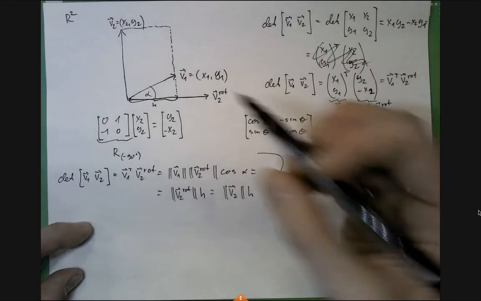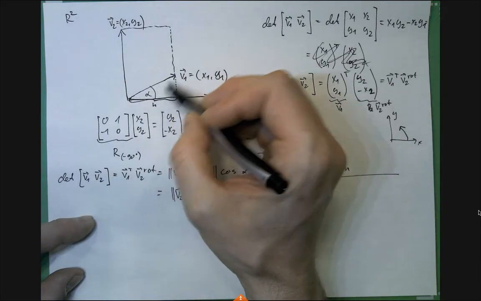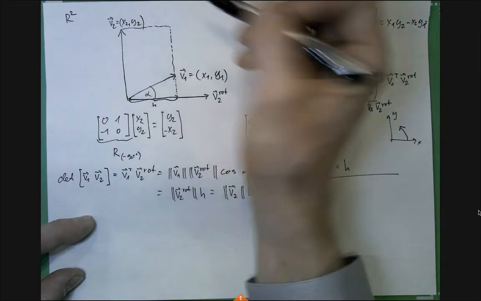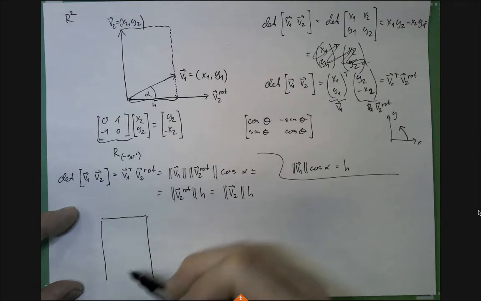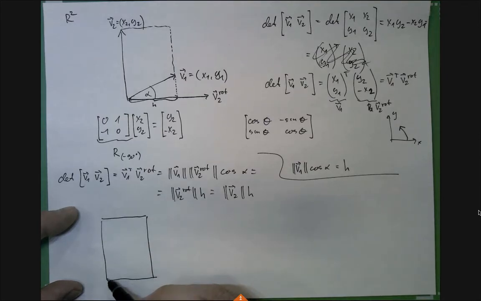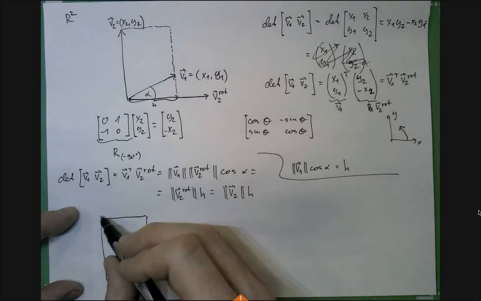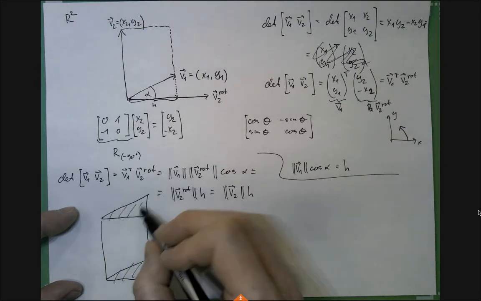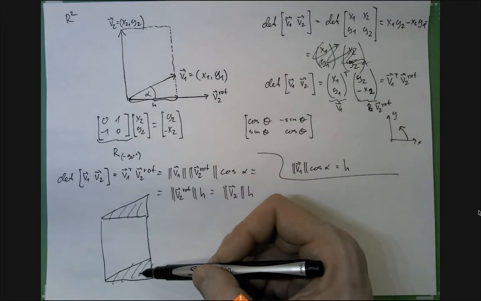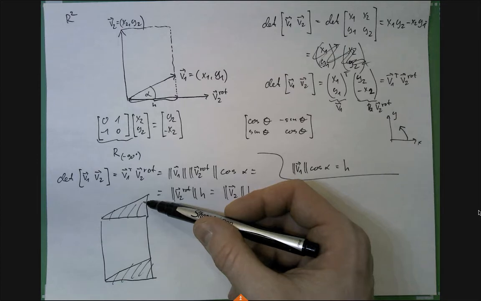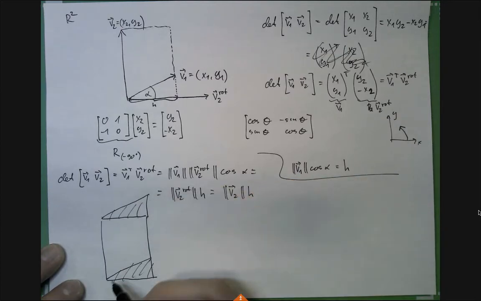You can play the following trick. You can chop this triangle here, and paste it here instead. Let me do it on a different picture. So this is my rectangle. Here I have a little triangle. I can chop it over here, and paste it here instead. If I do that, of course, the area does not change, because I just chopped the triangle and put it somewhere else. And then this is exactly the parallelogram.